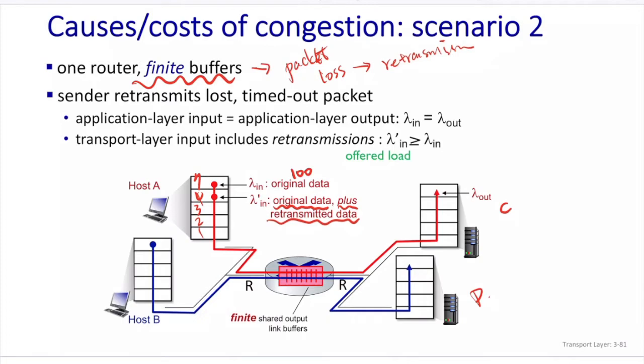Originally the 100 should arrive right here, but the router might drop the packet, so maybe 20 units of the original data are dropped at the router.